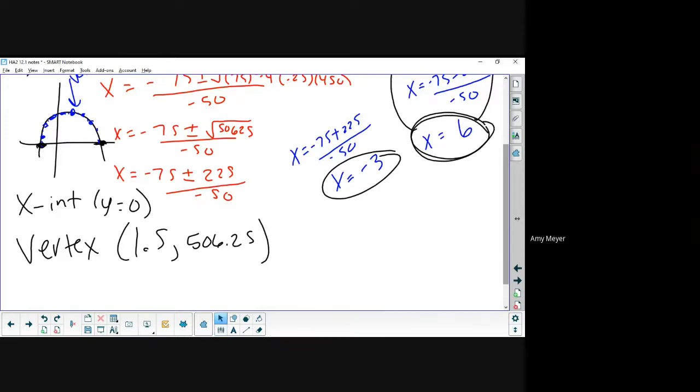Write that down. I'm not sure where it asks you about it in your book. As long as you have it written down, it's okay. The cost increase of $1.50 gets us the highest amount of money raised, 506.25.